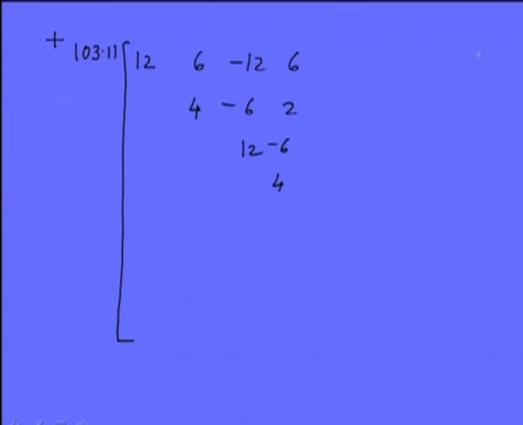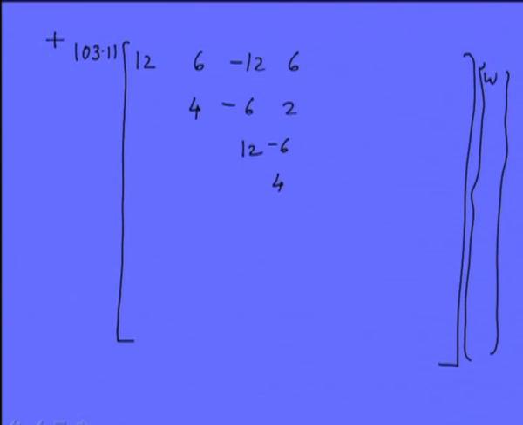And we have this vector: W1, W1 prime, W2, W2 prime, W3, W3 prime, W4 and W4 prime.